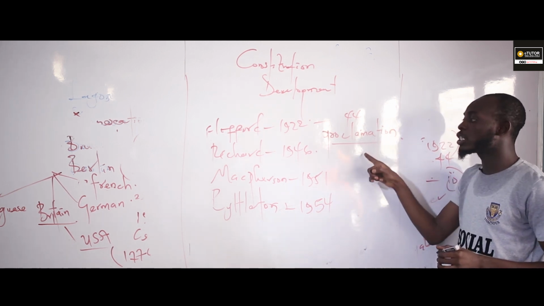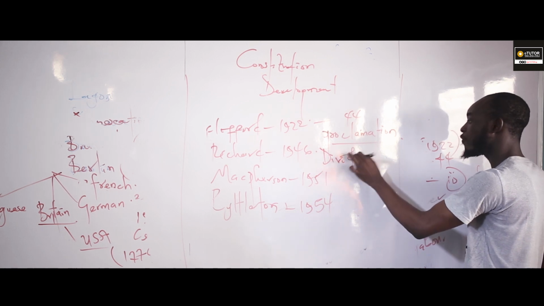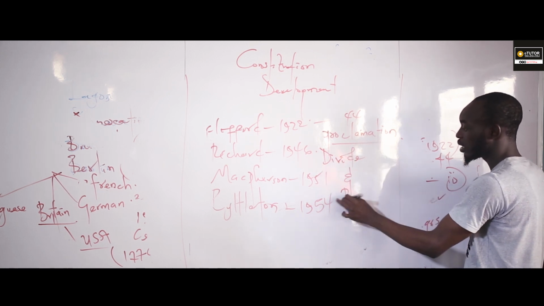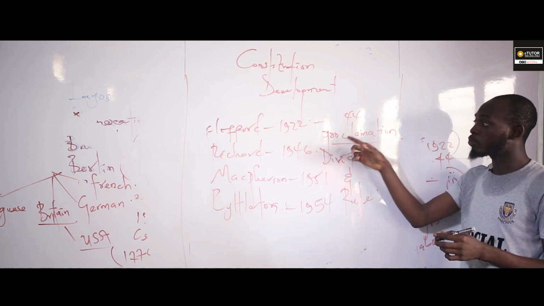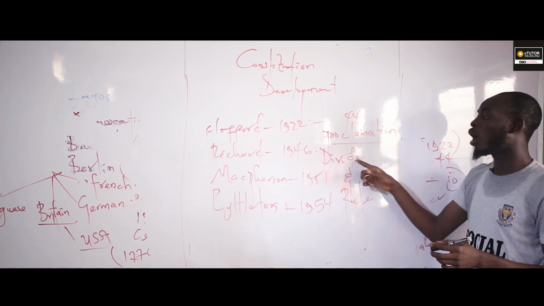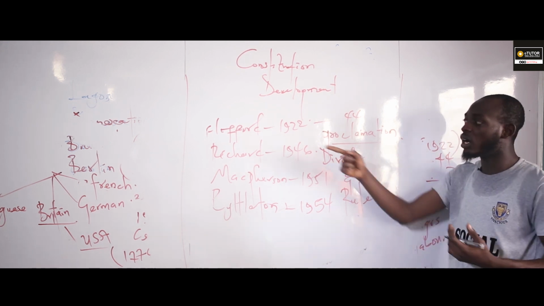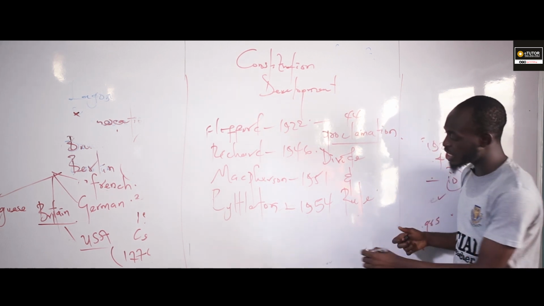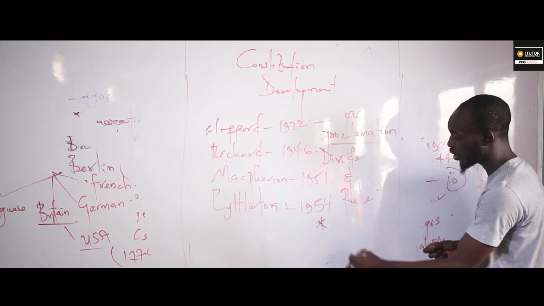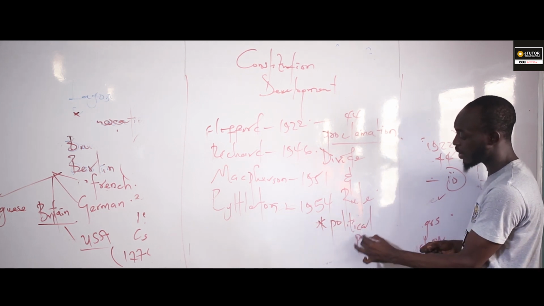Another name for this proclamation is operation divide and rule, which was introduced by Lord Lugard. They also used it under the Clifford Constitution.